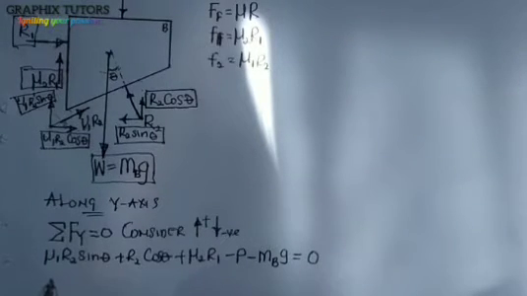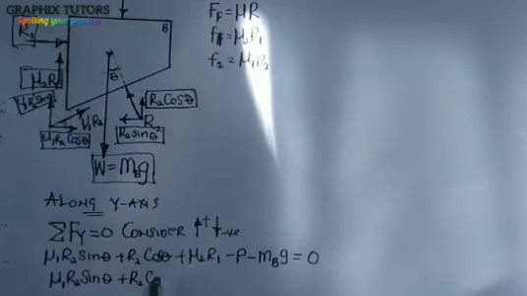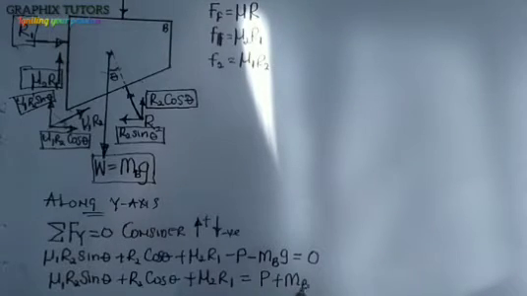So I'm going to be having mu1 R2 sine theta plus R2 cos theta plus mu2 R1 equals P plus the mass of B times what? Gravity. So I'll term this equation 1.